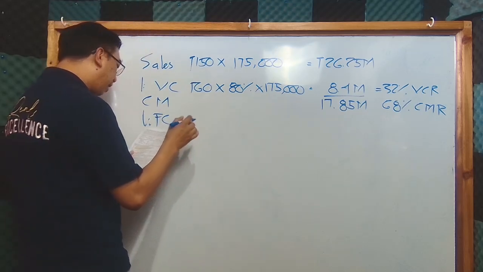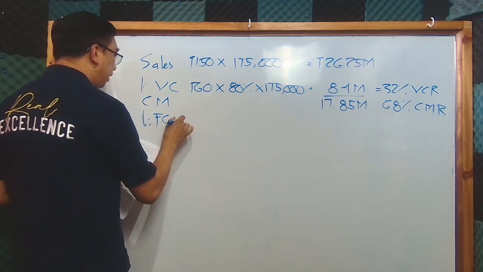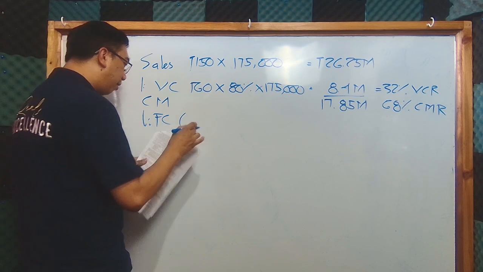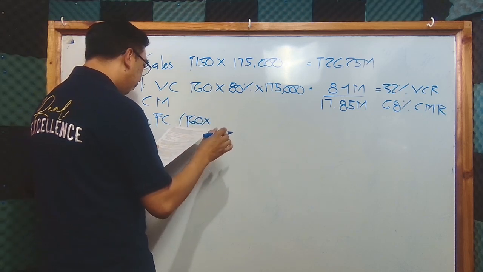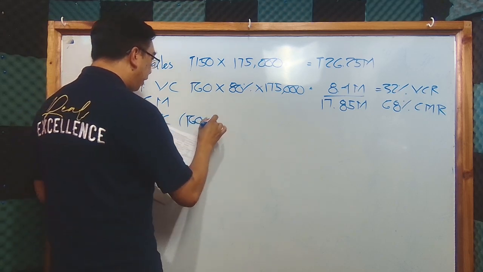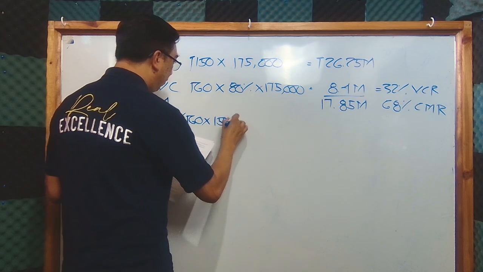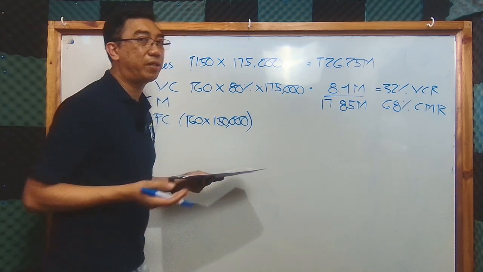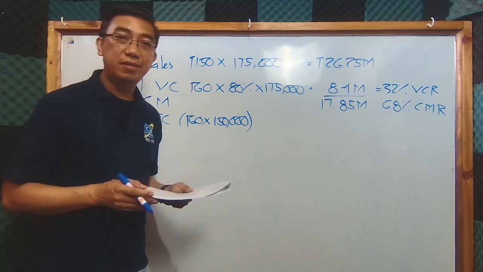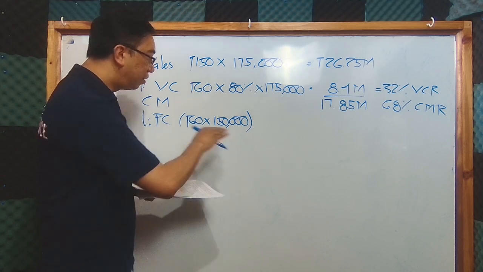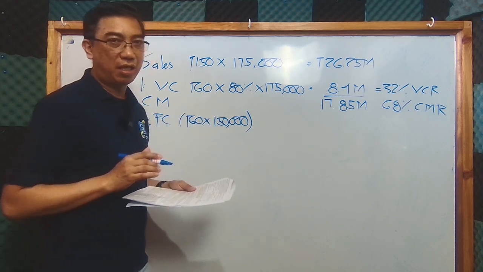Okay, so originally, ganito kasi yan. Lagay natin para masundan ninyo, that is 60 pesos times 150,000. Bakit 150,000? Because we're computing for the original fixed cost. Class, take note, fixed cost in total is constant, di ba? So, total fixed cost yan before the changes took place.